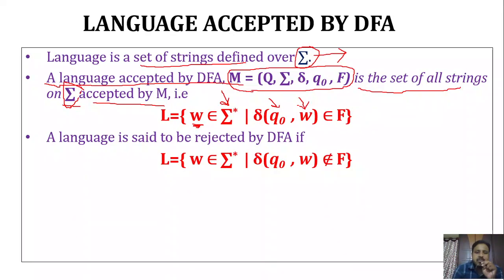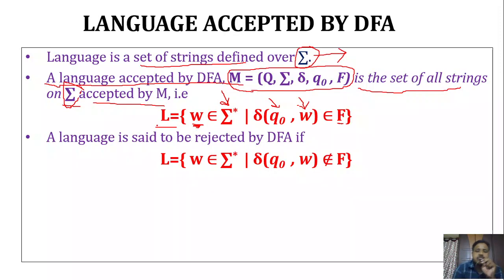That means whenever you process the string w from q0 and you get a final state, the set of all such strings is called the language.